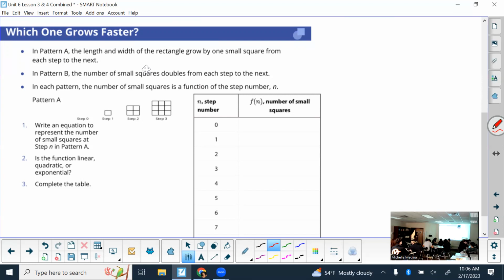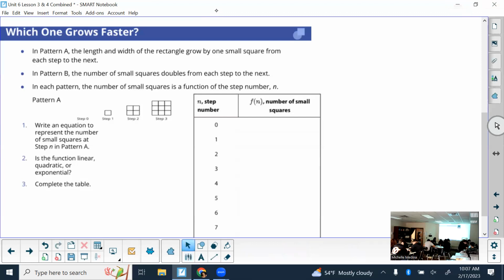In each pattern, the number of small squares is a function of the step number. So the step numbers are the inputs. You're going to write an equation to represent the number of small squares at step n in pattern A. Then figure out, is it linear, quadratic, or exponential? And then use the table. So questions on what we're doing?